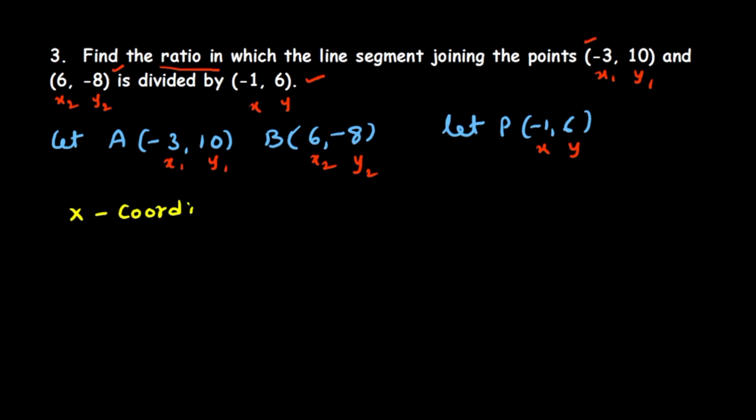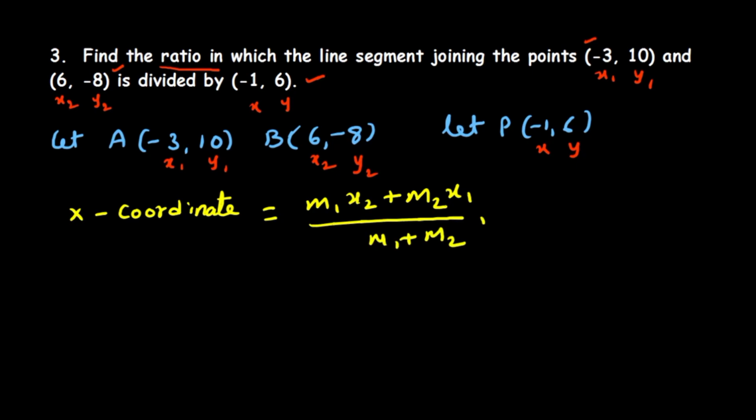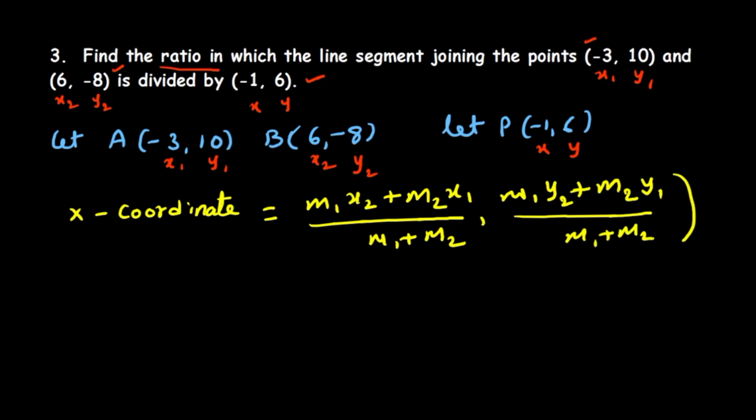So what is the x coordinate? That is (m1 x2 + m2 x1) divided by (m1 + m2), and for y, (m1 y2 + m2 y1) by (m1 + m2), right?